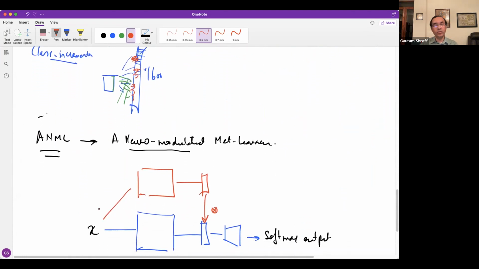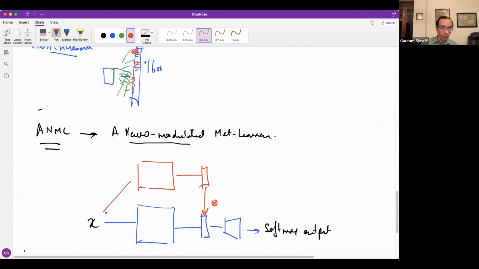So when it sees a new guy, it gets an idea that this is from a task which includes these classes, so I should include some parts of this and not include some other parts. So it can do a better classification. That's the way it ends up learning, or sort of learning to remember: learning what parts to turn off and what to leave on.